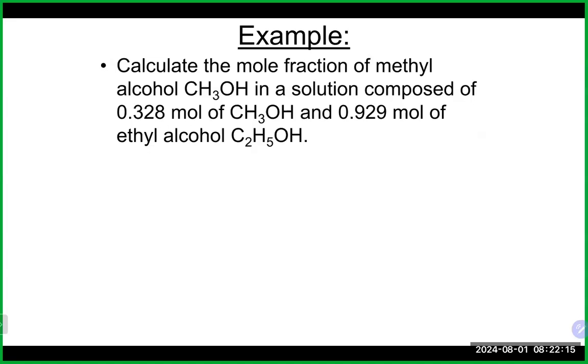So we want to calculate, for example, like another one that we did earlier on, the mole fraction of methyl alcohol in a solution composed of methyl alcohol and ethanol. So really, our mole fraction of methanol would equal the moles of the methanol divided by the total moles, which means obviously we need to add the total moles.